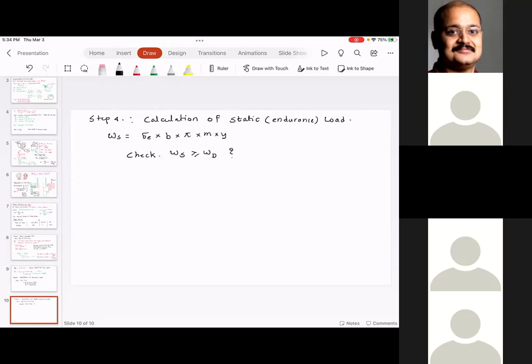So static endurance strength or static endurance load should be greater than the dynamic load.